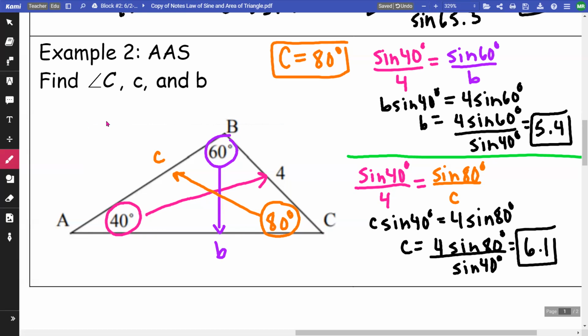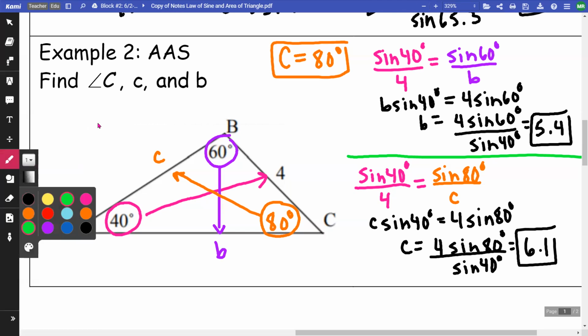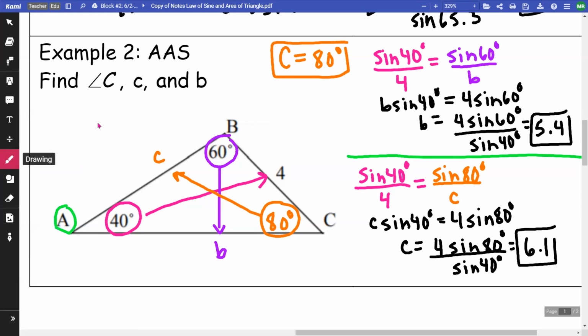Okay. Now, when we're doing these problems on the homework tonight, they're not going to say on all of them, find this angle, that side. Sometimes they're going to ask you for a particular piece of information, but most of the problems are going to say solve the triangle. And when it says solve the triangle, if I knew angle A, and I knew angle B, and I knew this side, I'm going to find all the missing sides and angles.